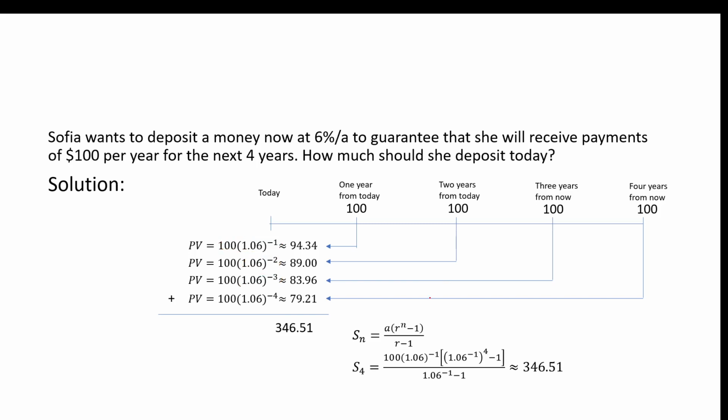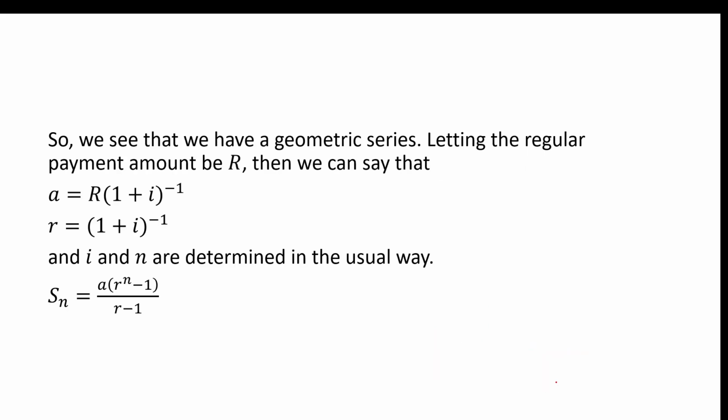So we can use the sum of a geometric series formula, letting A be 100 times 1.06 to the negative 1, letting R be 1.06 to the negative 1, evaluating it, and we get the same amount.